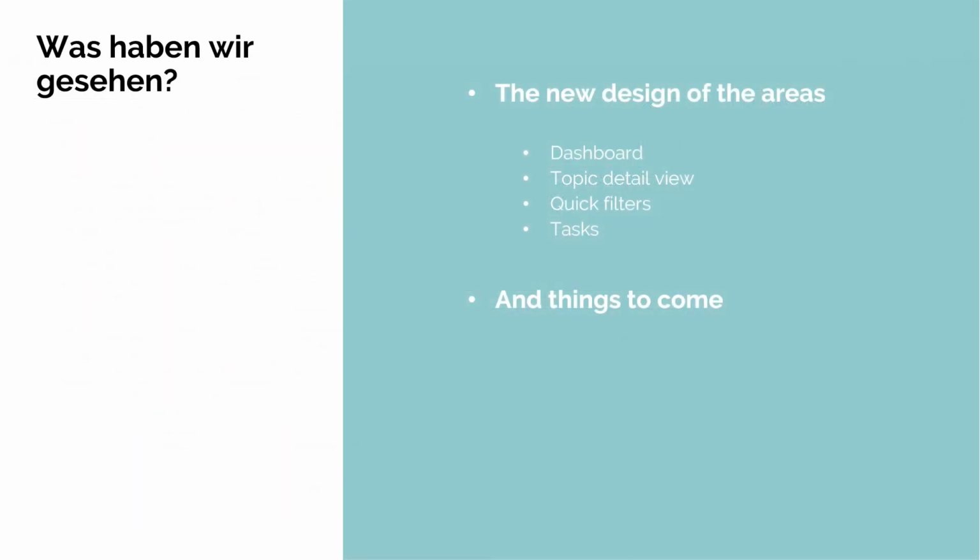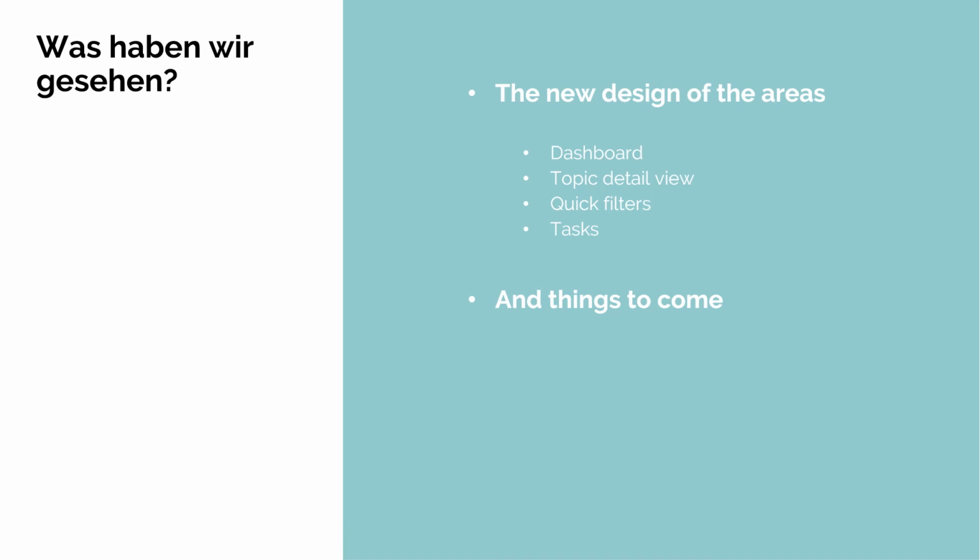So, what did we see today? We took a look at the new design of the areas of the dashboard. There are still the 6 widgets or sections that you can define in your user profile, but we made the new design and a possibility to make a difference between topics and appointments by color. We also took a look at the topic detail view.